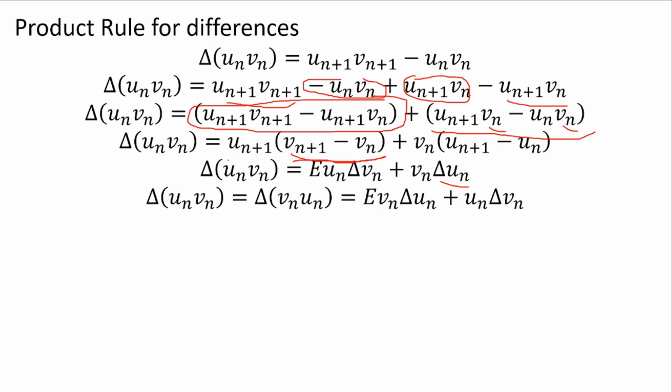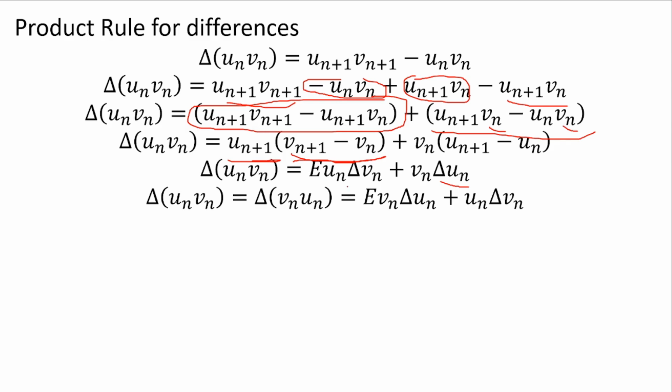Notice that u_(n+1) can be written as E u_n. So delta of u_n v_n equals E u_n multiplied by delta v_n, plus v_n multiplied by delta u_n. We know that multiplication can be written in reverse, so we have delta of u_n v_n equals delta of v_n u_n.